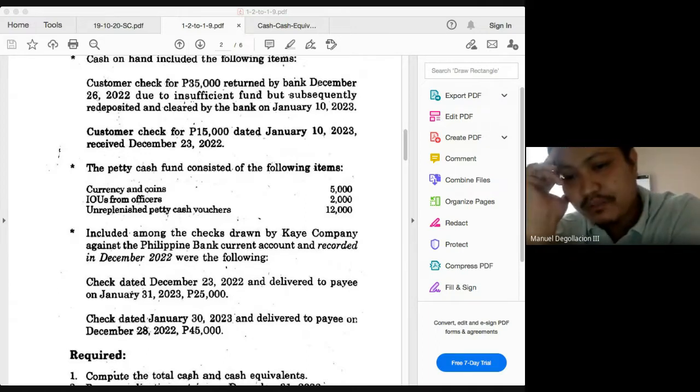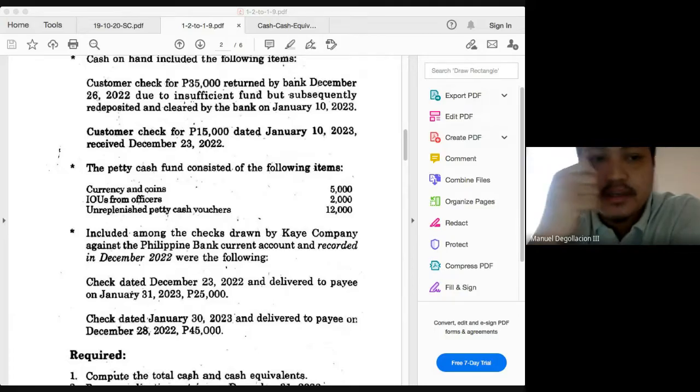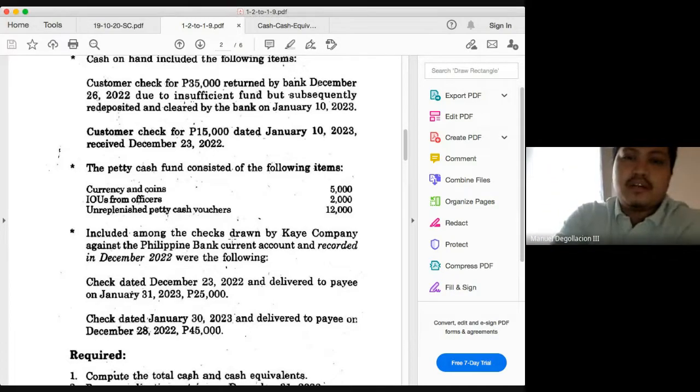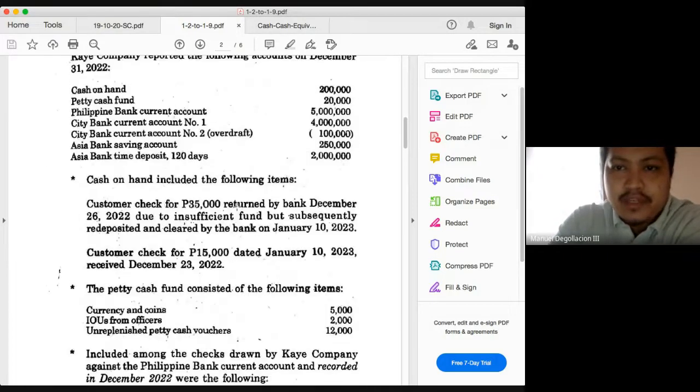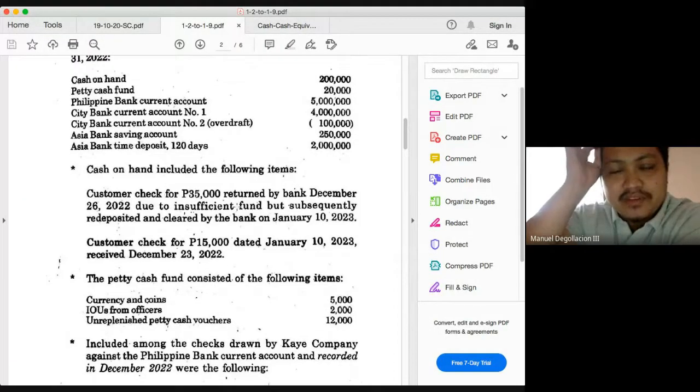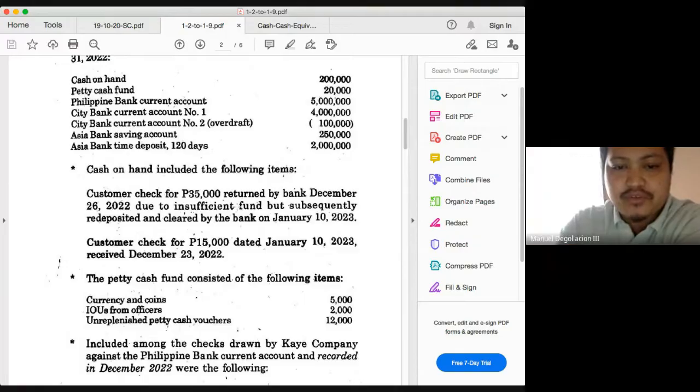Now, if we use the first approach, class, wherein you will have to deduct the non-cash items, if you would look at the initial balance of our petty cash fund, it's 20,000. Okay, and then here there's no mention of a replenishment, class. Okay.